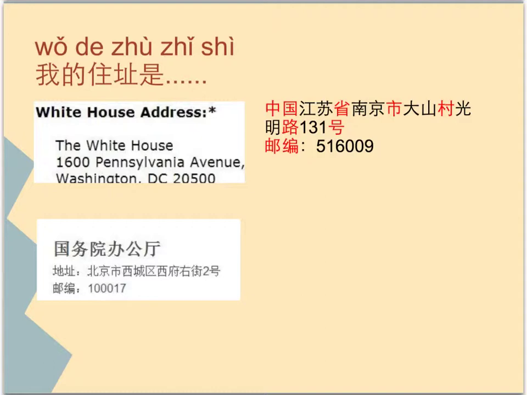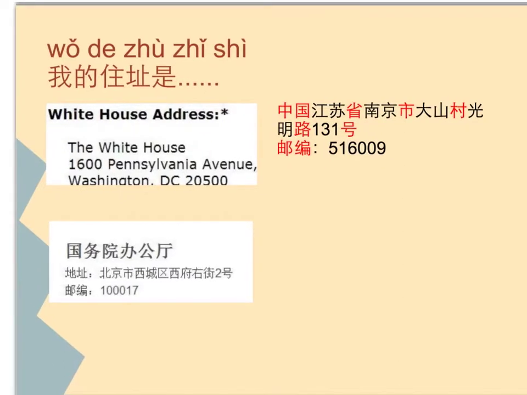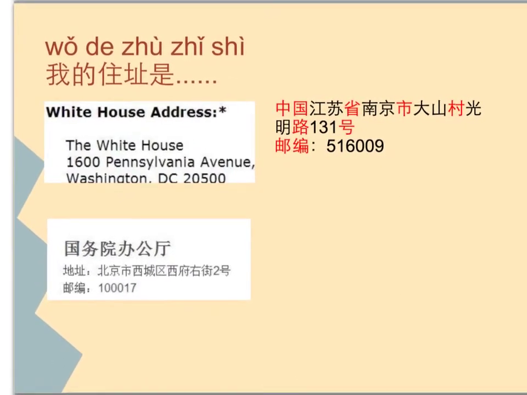Okay, here's another example of a Chinese address. Here you put 中国, the country, first. 江苏省, the province. 南京市. 市 is a city, Nanjing city. 大山村 is a village, a smaller place than city, 市.